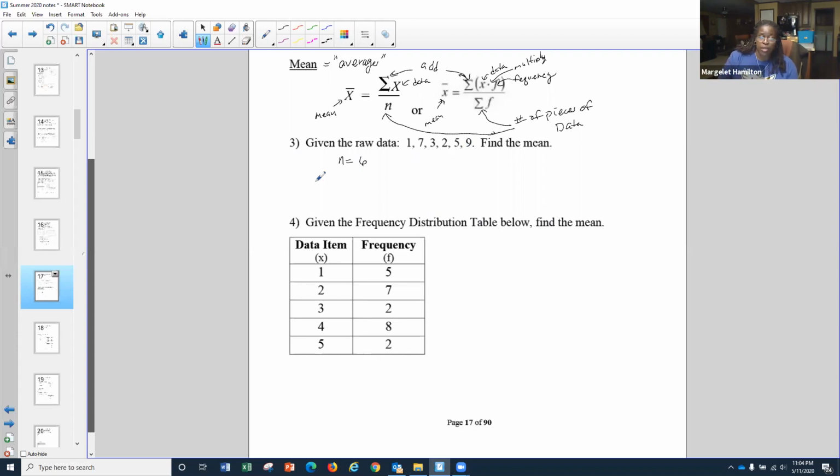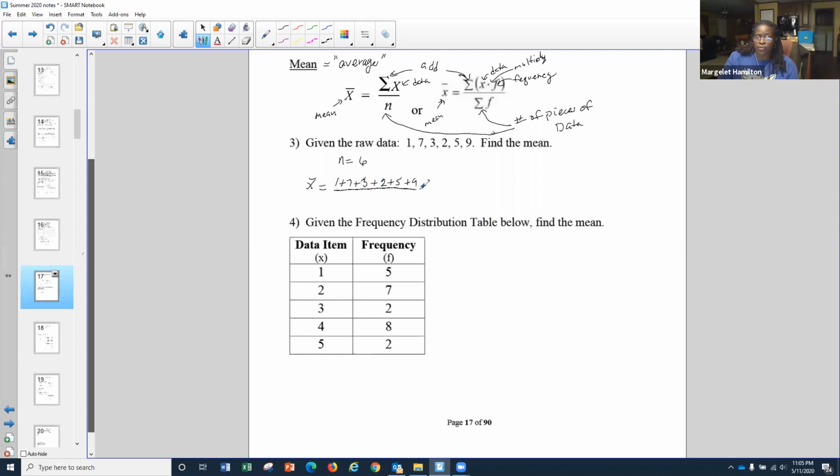So we have X bar equals, and we're going to add up all of the data items they give us. So we have 1 plus 7 plus 3, go right down the list, plus 2 plus 5 plus 9.